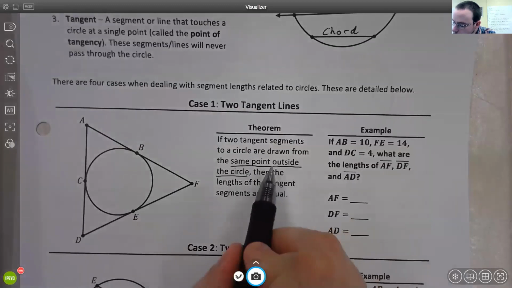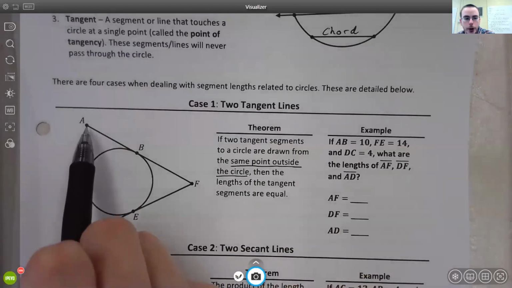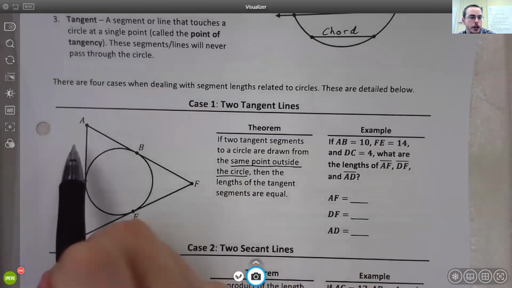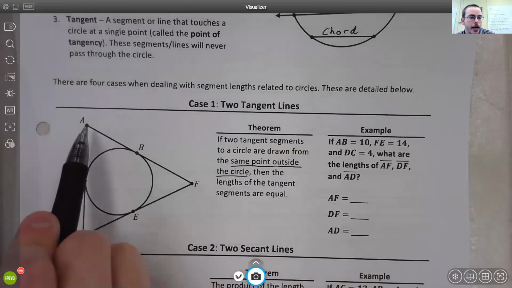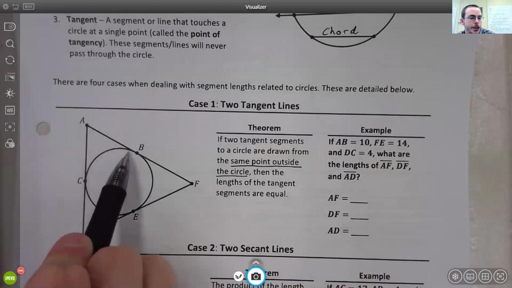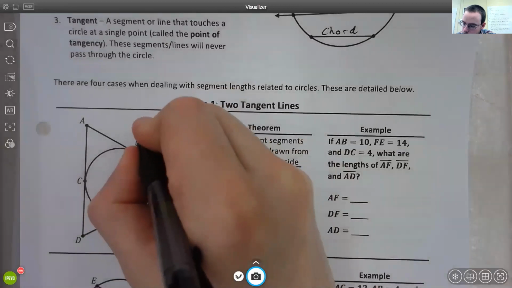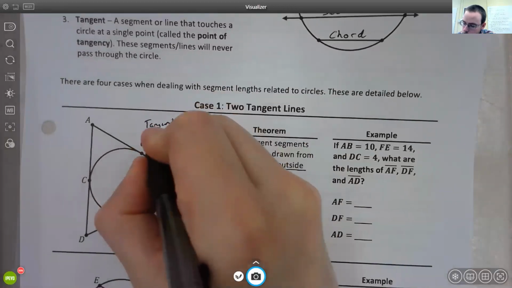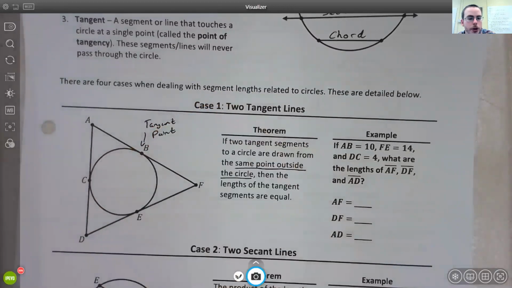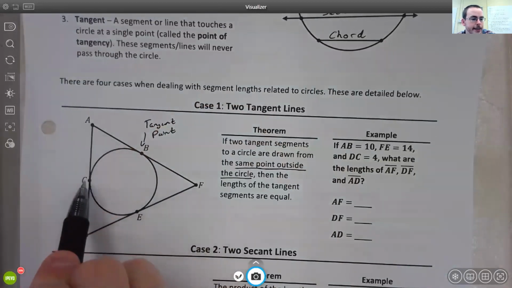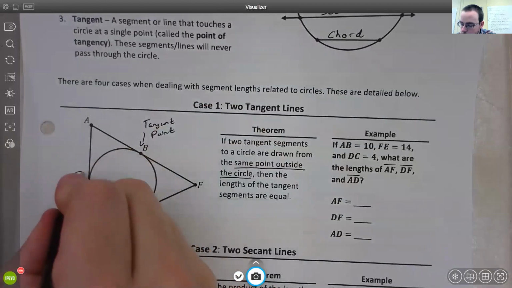So let's say, for instance, that you have point A here, which is a point outside of the circle. Everybody can agree with that. And you've drawn these 2 tangents here. So you've drawn tangent A to B because it's tangent at B. That's a point of tangency. And you've also drawn from A to C, which is another point of tangency.